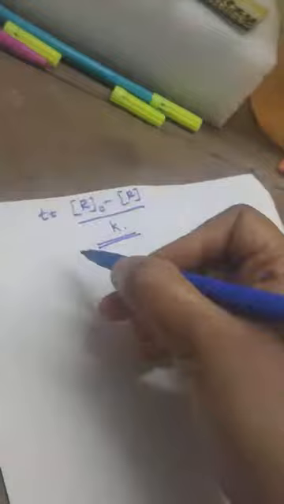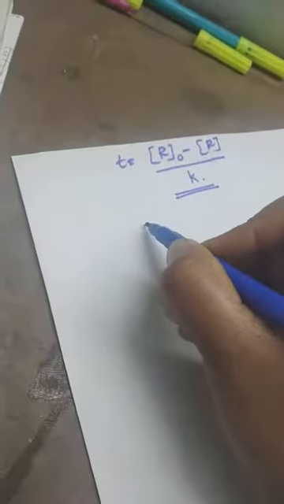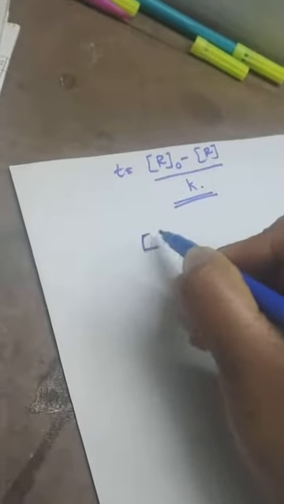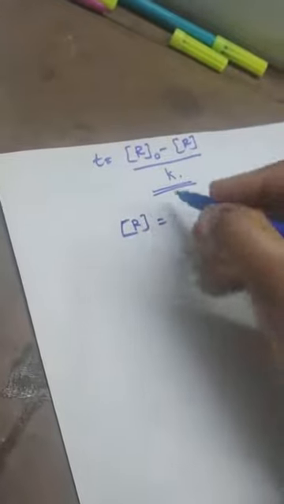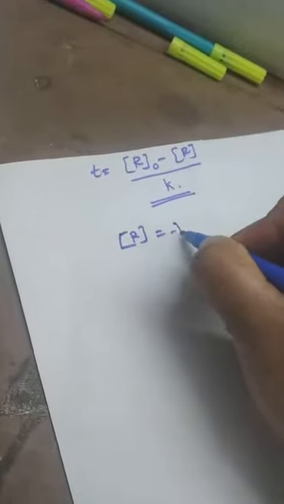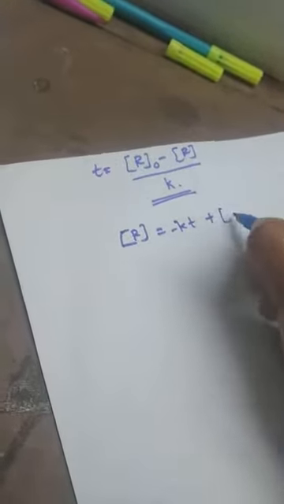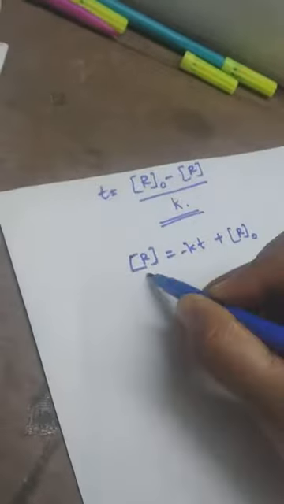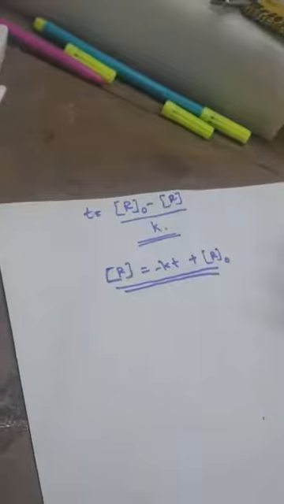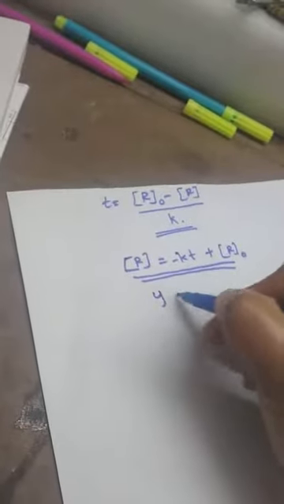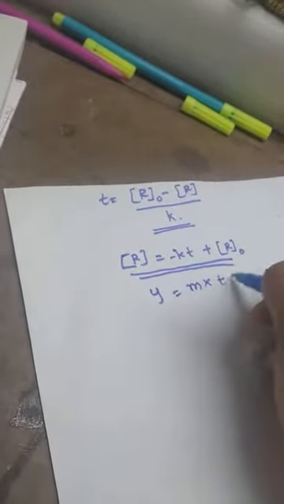So this is the equation. Now our equation of the zero order reaction is [R] equal to minus Kt plus R naught, right? This equation is similar to the equation of a straight line, that is y is equal to mx plus c.